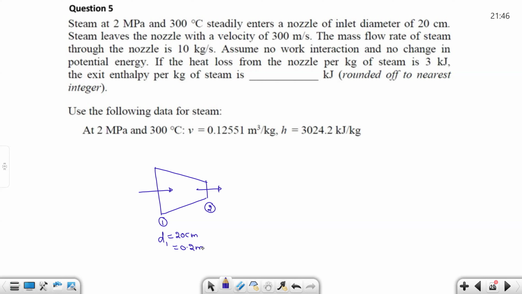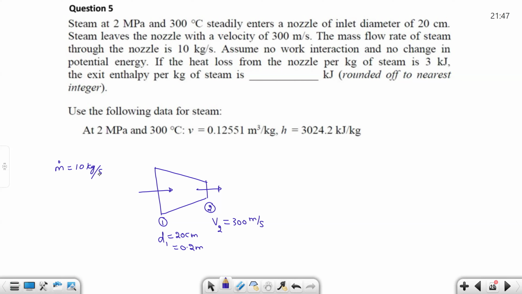Steam leaves the nozzle with a velocity V2 of 300 meter per second. The mass flow rate of the steam through the nozzle is 10 kg per second. It is a steady flow device, so mass flow rate is the same at inlet and exit, 10 kg per second.